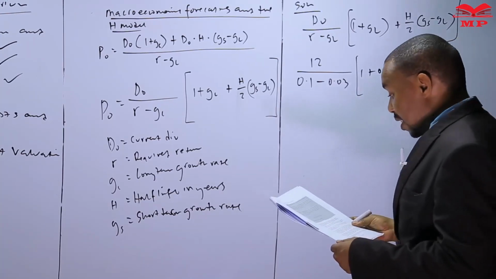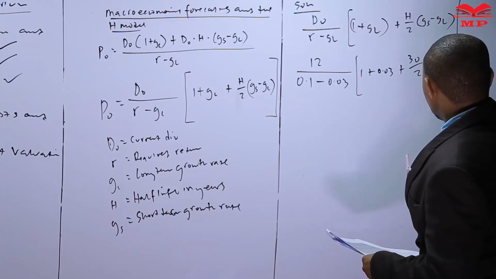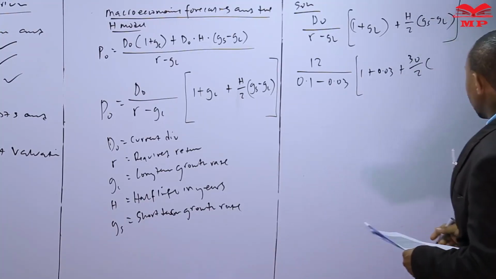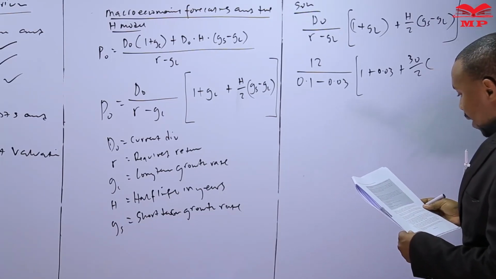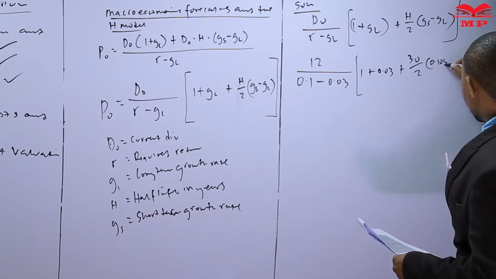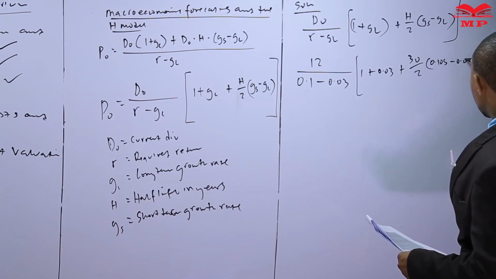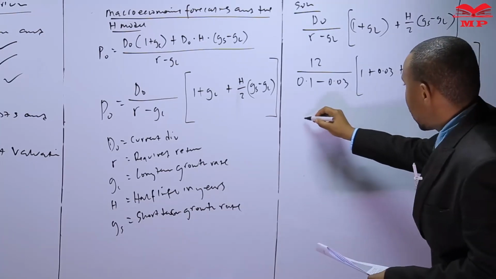We are told it is a 30-year period, so we take 30 over 2. Then the short-term growth rate minus the long-term growth rate. The current supernormal growth rate is 10.5%, so 0.105 minus 0.03. So how much do we get as our P0?